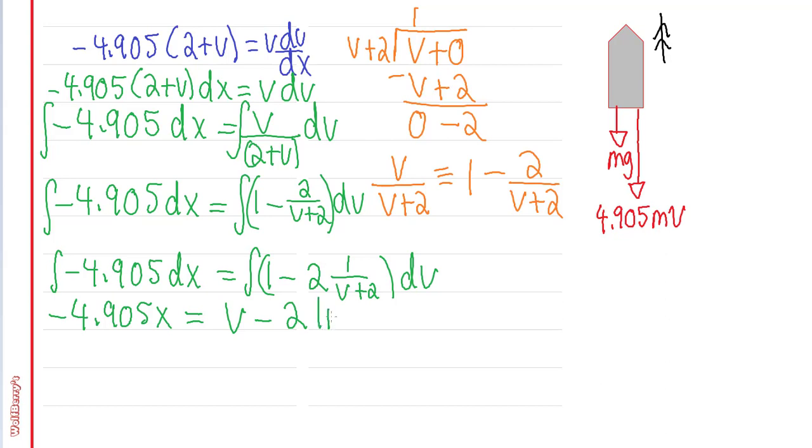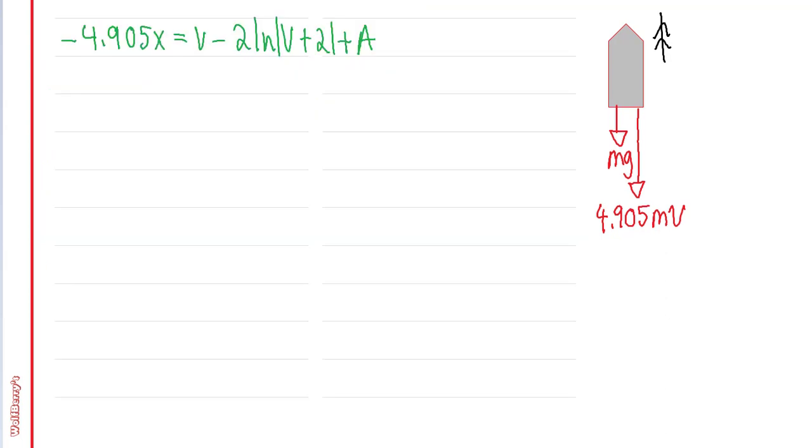So it's going to be ln (v plus 2) plus a. This is called the general solution, GS, because we need to find a. So let's calculate the particular solution.